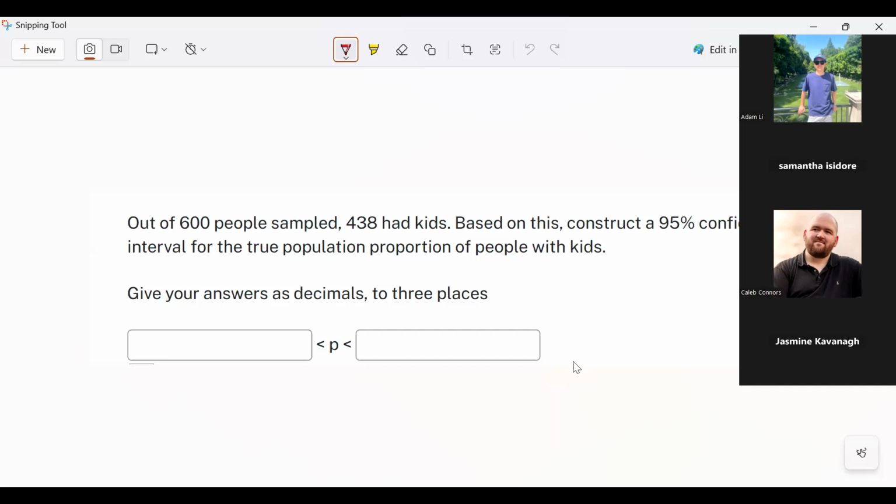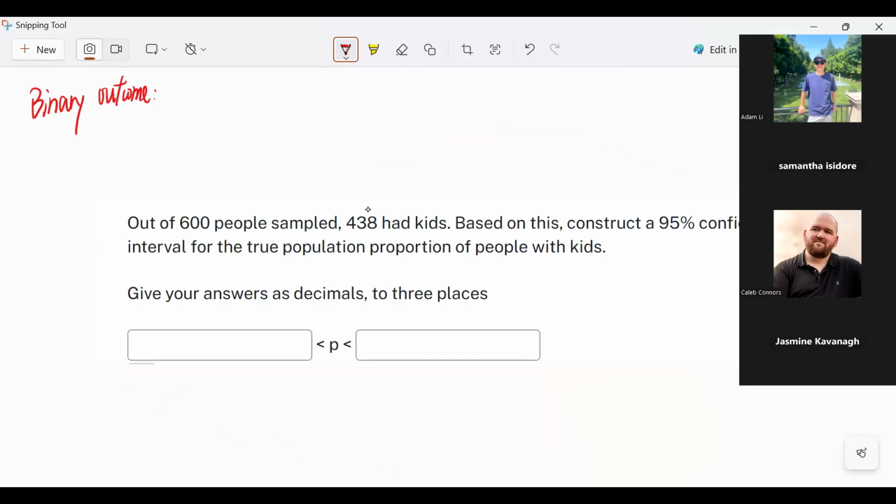Let's look at the solution. Here the p-hat is not explicitly given. We have binary outcomes, either having kids or not having kids. So having kids is a success event.